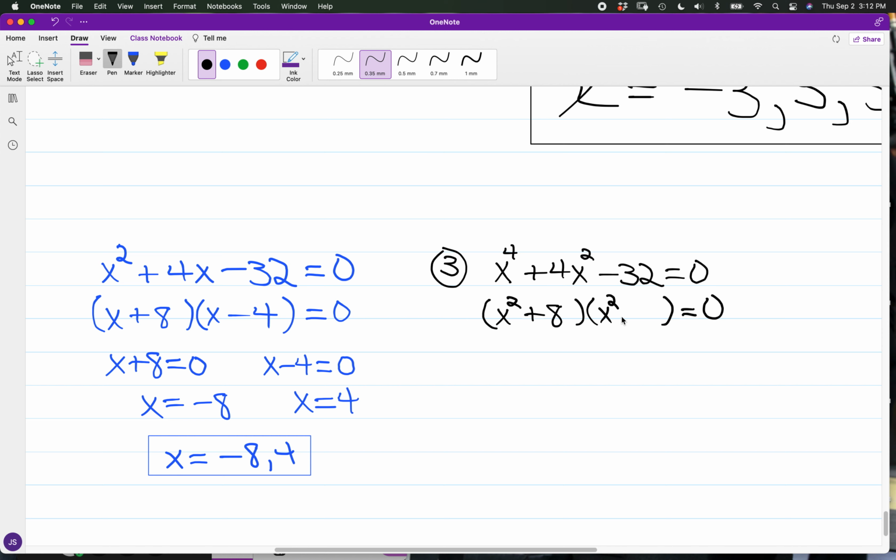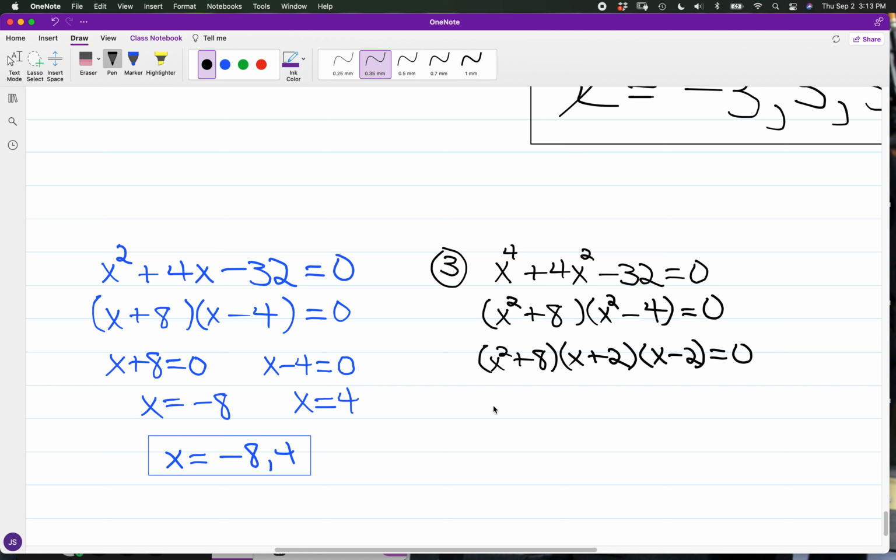So I have x squared plus 8 and x squared minus 4. Now x squared plus 8 I cannot factor into integer coefficients, but with x squared minus 4 I can factor this difference of squares in real terms, where I have x plus 2 and x minus 2.